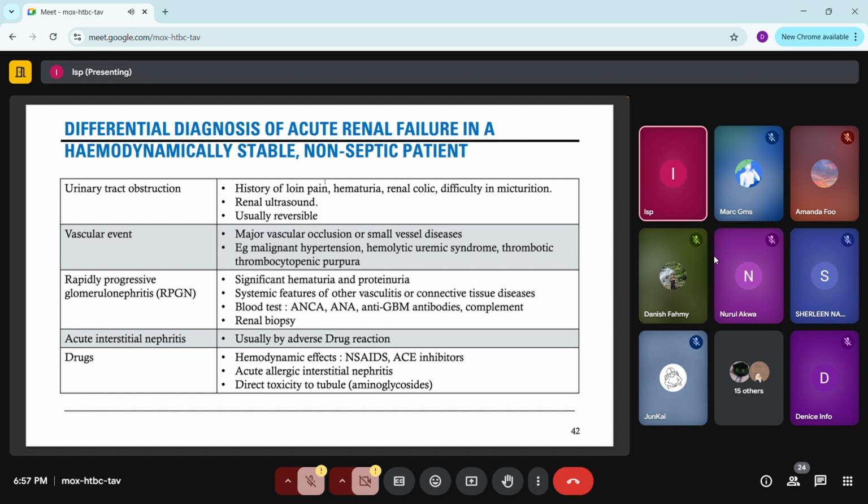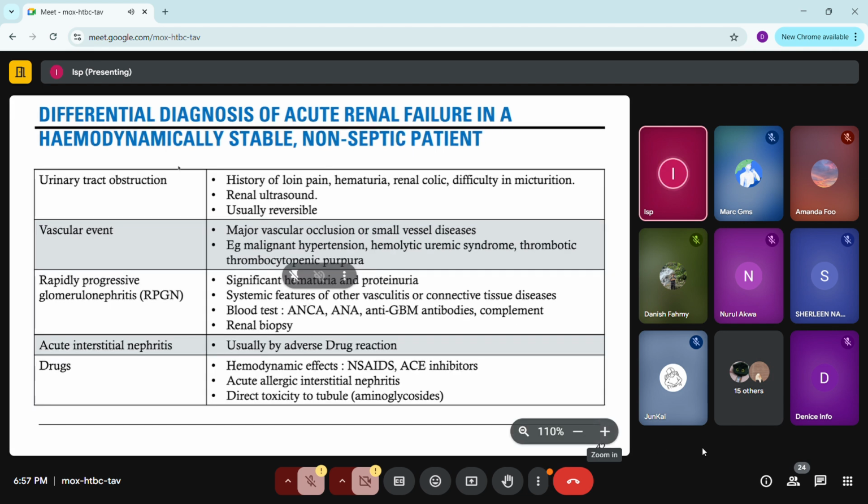Most of these urinary tract obstructions are reversible if you can pick them out earlier and divert the obstruction by putting in a stent, or in BPH patient putting on a urinary catheter. After you rule out obstructive causes, only then consider the renal causes like drug-induced acute interstitial nephritis or RPGN. These are more high-fi and less common causes to consider.